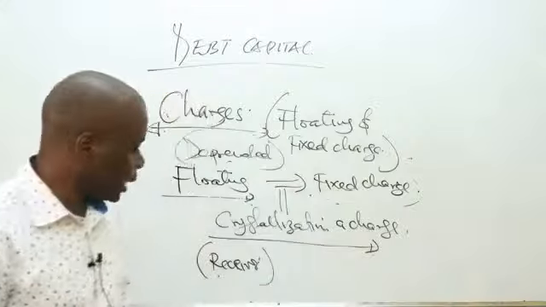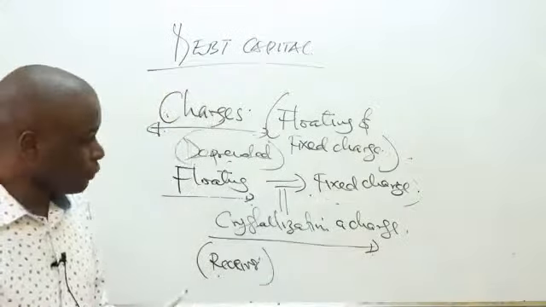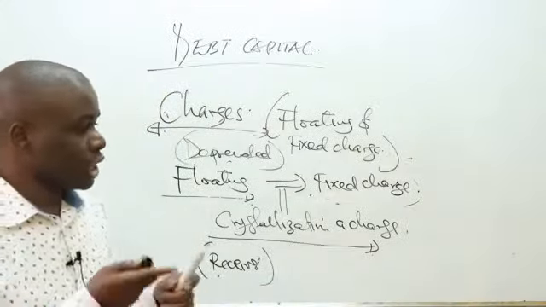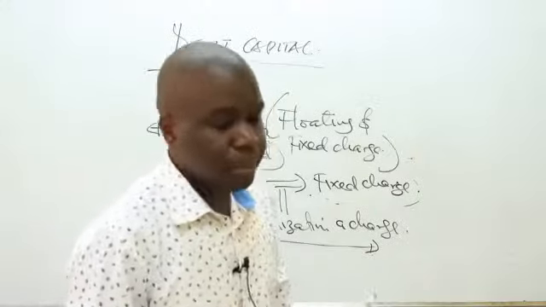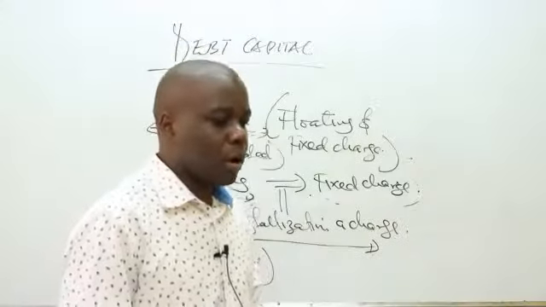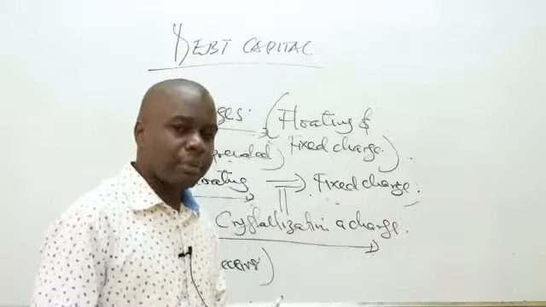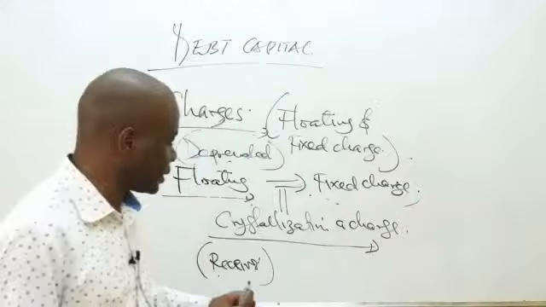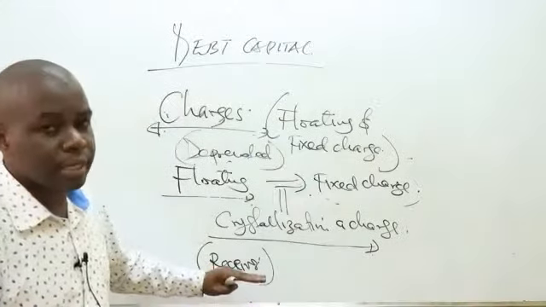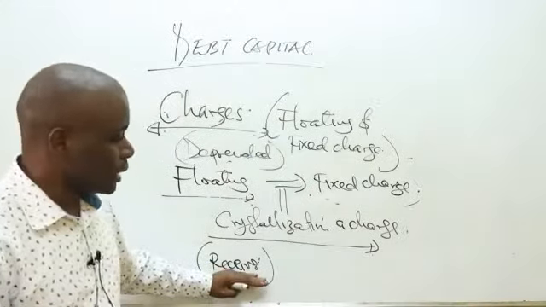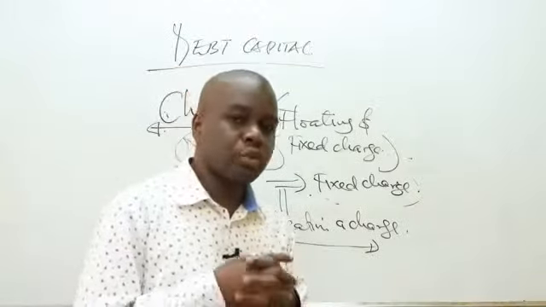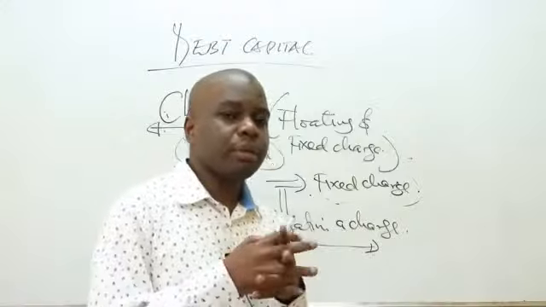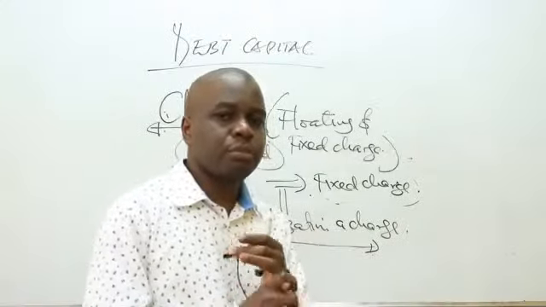Then you can also talk about, for example, if there is a crystallization of another charge in the company that makes the company to be liquidated. So how can a crystallization of a charge make a company to be liquidated? For example, under this aspect I'm telling you, a receiver will be appointed. You know, when a receiver is appointed, it's mostly in a scenario whereby the company is not meeting its obligations in terms of payment of loans.